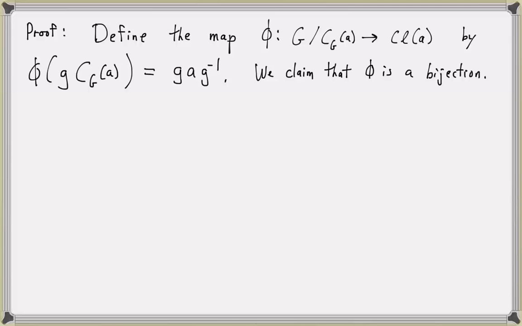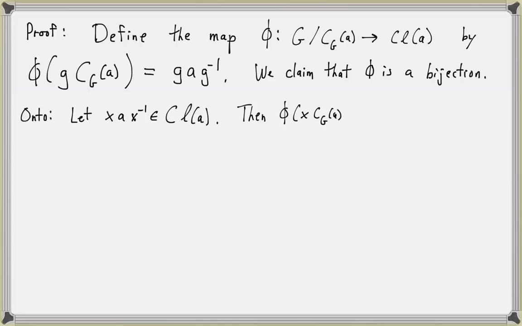So to show that phi is onto, well, by the definition of the function, it's onto, because if we have an element of the conjugacy class, so let xAx inverse be a conjugate of A for some element x in G, then we would take phi of the left coset x times the centralizer, and that would equal xAx inverse.